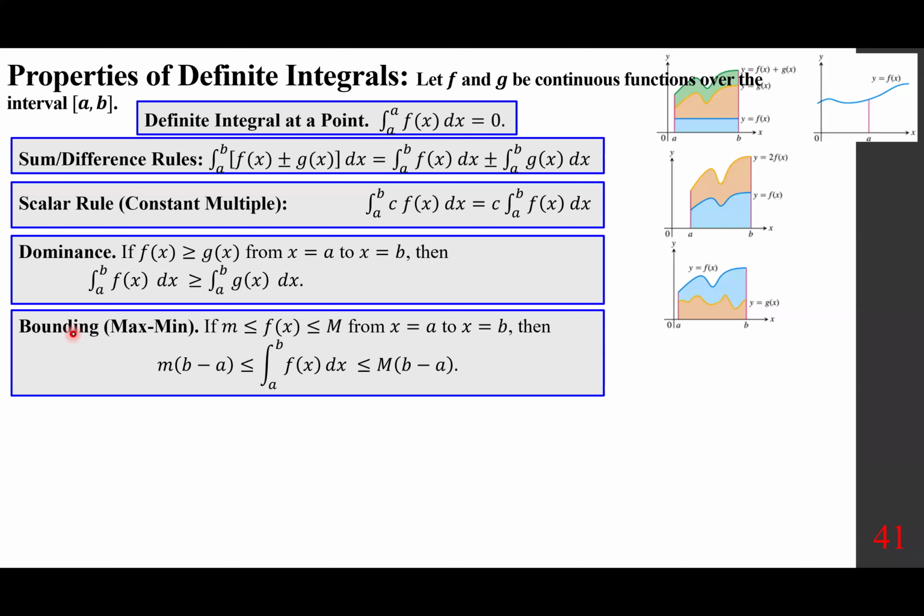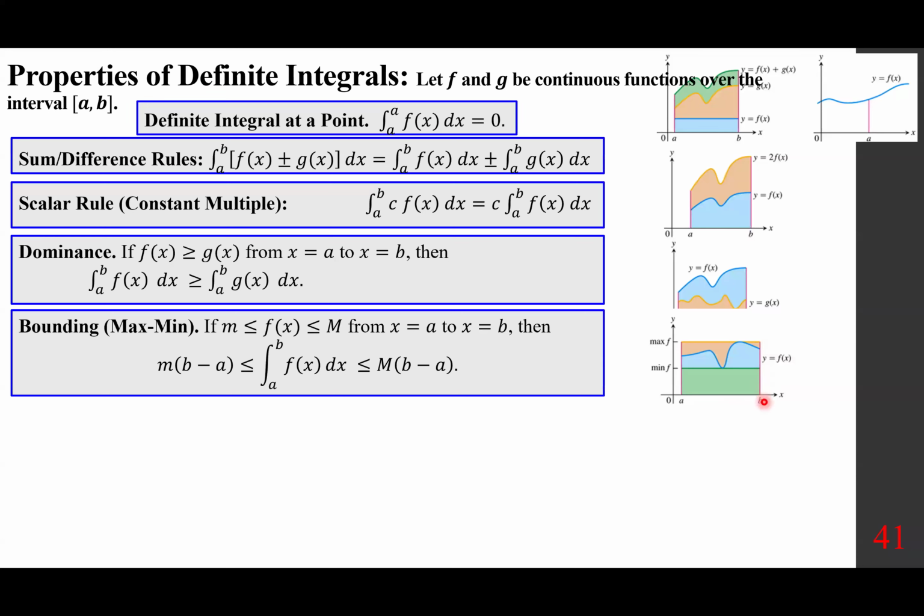Bounding, max and minimum. If f of x is between m and M, lowercase m the minimum, uppercase M the max, from a to b, then the integral from a to b of f of x dx is between m times b minus a and capital M times b minus a. Think about it. Here's the function. The maximum occurs here if you draw a line and come up with the area of a rectangle.